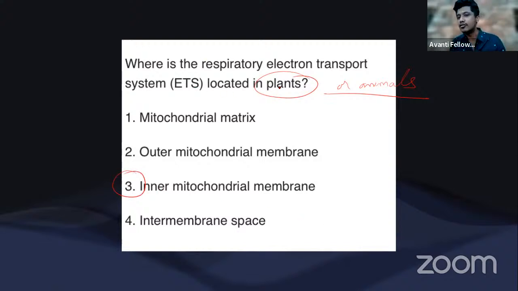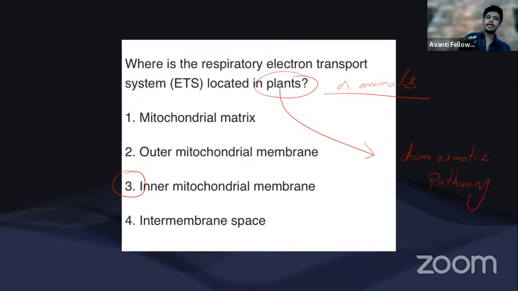The reason they have mentioned plant is maybe because they wanted you to confuse it with the chemiosmotic pathway. But whether it is in plants or in animals, the ETC happens in the inner mitochondrial membrane. Clear, people? So our right option is option 3. Let's go for the next question.